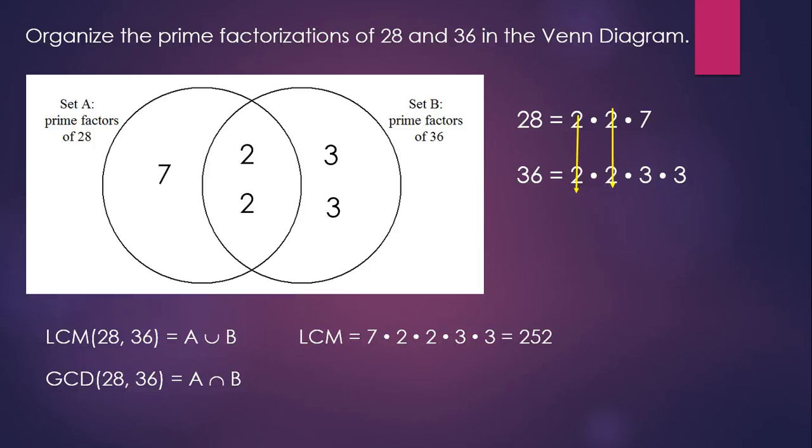And if we multiply those factors together, we get 252. And the greatest common divisor is the intersection of A and B, which in this case is the two factors 2 and 2 multiplied together, which is 4.